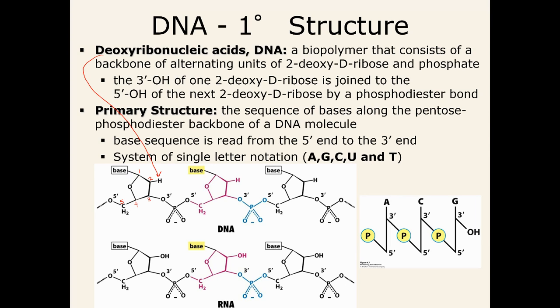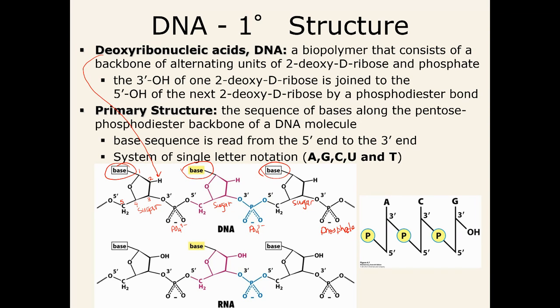And so what you end up forming is the backbone. Look closely: sugar, phosphate, sugar, phosphate, sugar, phosphate. And then do you see how sticking out from that backbone are the bases? Not shown here.